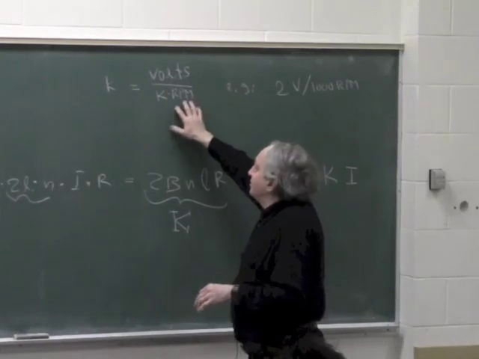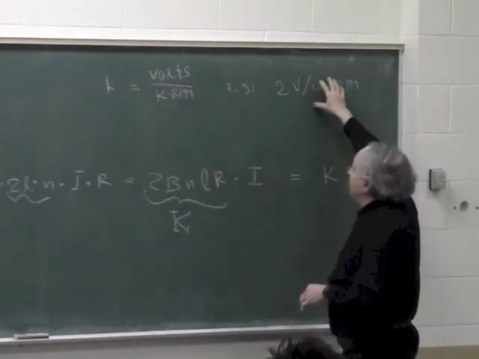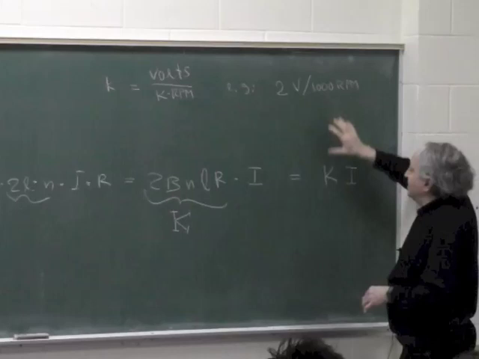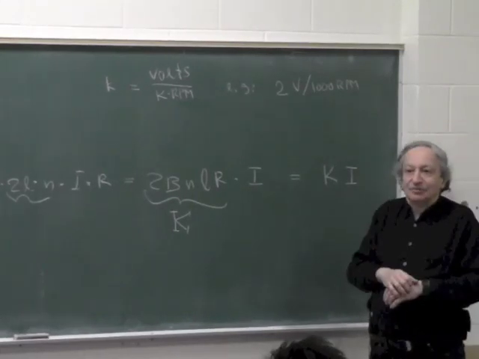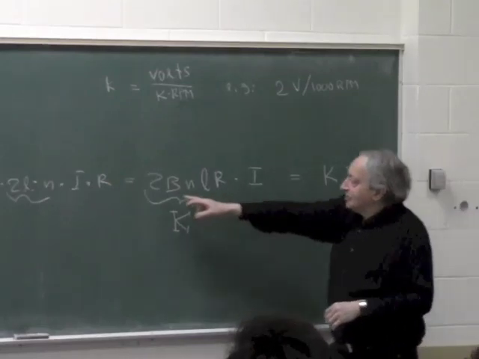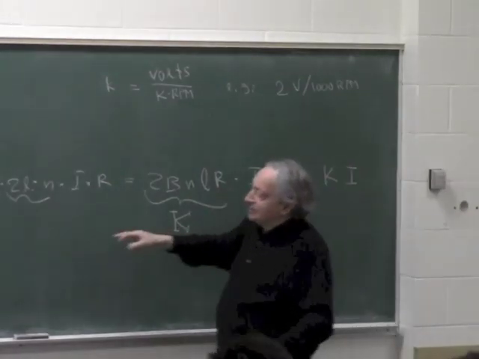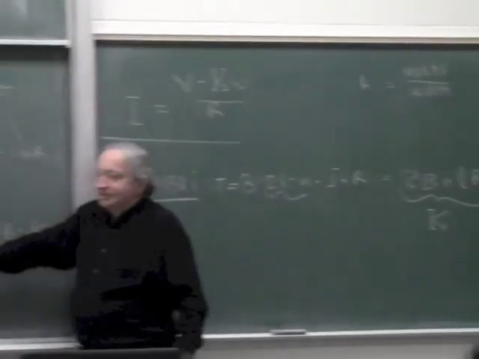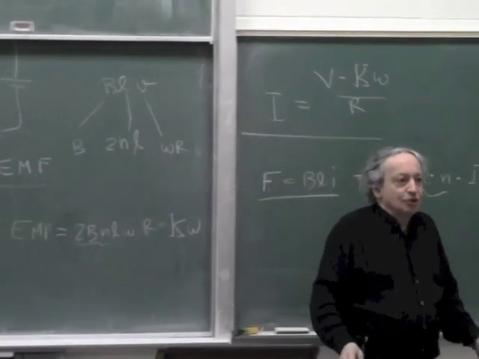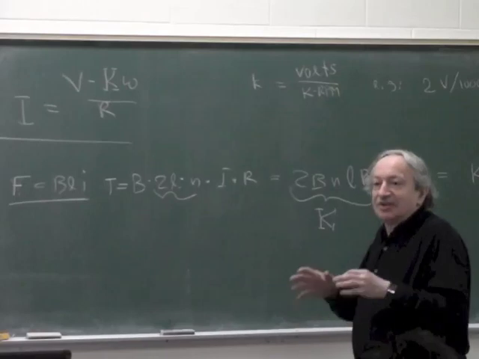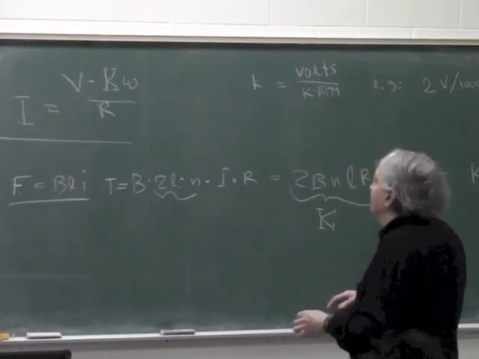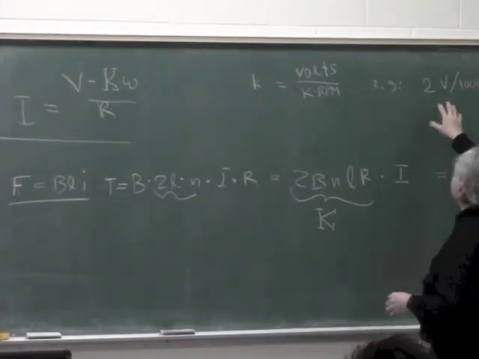Once you converted this to radians per second, you'll get a different K, but this K will be the same K as Newton meter per amp, the torque constant of the motor. Because if you look at what this K contains, it contains exactly the same elements. So the short of the story is, for a DC motor, there is something called K, which is both the voltage constant.